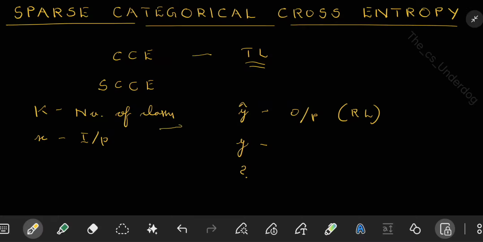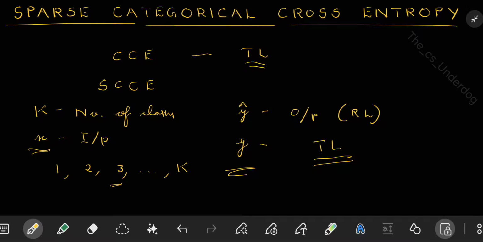There will be class 1, class 2, class 3 up to class K. Each input actually belongs to one particular class, let us say class 3. That is your real class or the true label, which you are calling Y.